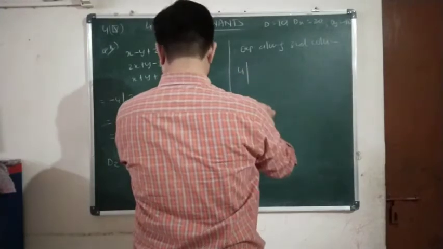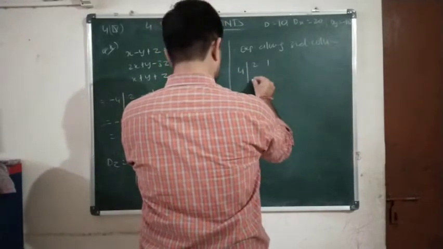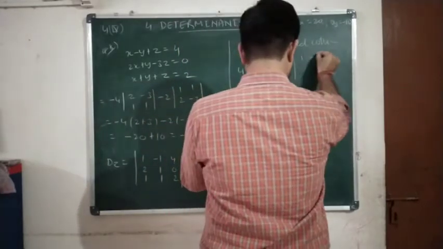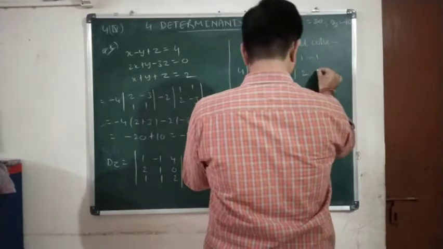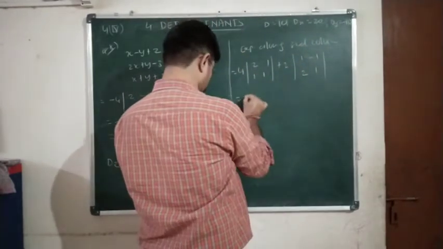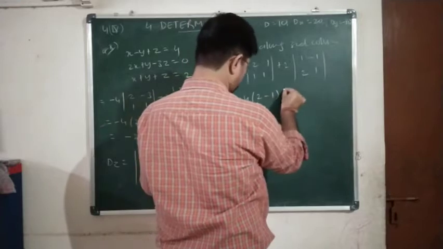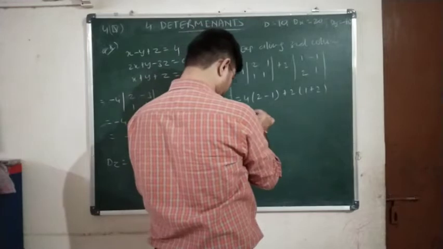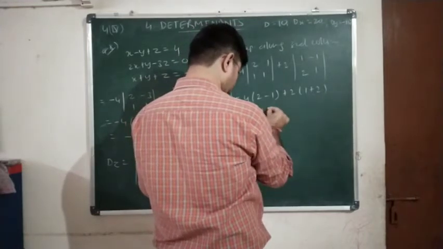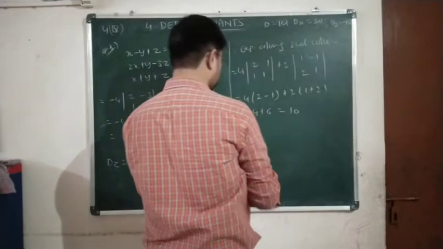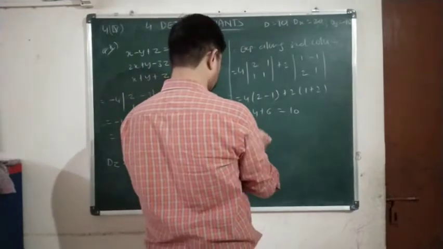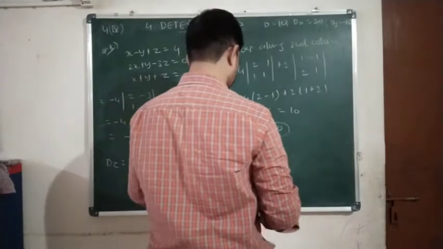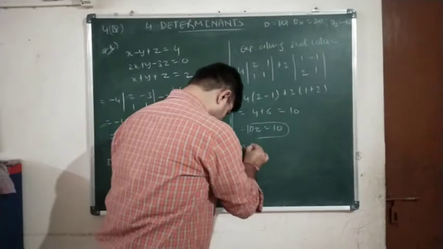So 4 into 2 1, 1 1 plus 2 into 1 minus 1, 2 1 is equal to 4 plus 2. Okay, 4 1s are 4 plus 3 2s are 6 equals 10. So value of dz is 10 only. Clear?